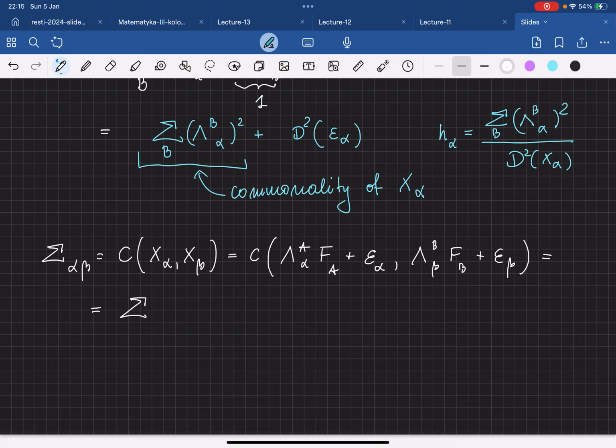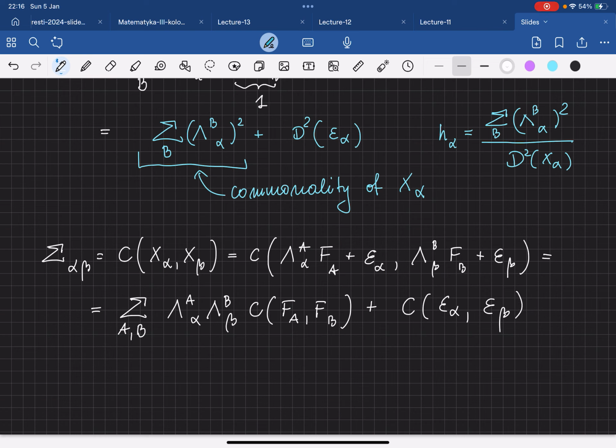This will be the sum over A and B, lambda A alpha, lambda B beta, and the covariance between F A, F B, and the covariance between epsilon alpha, epsilon beta.